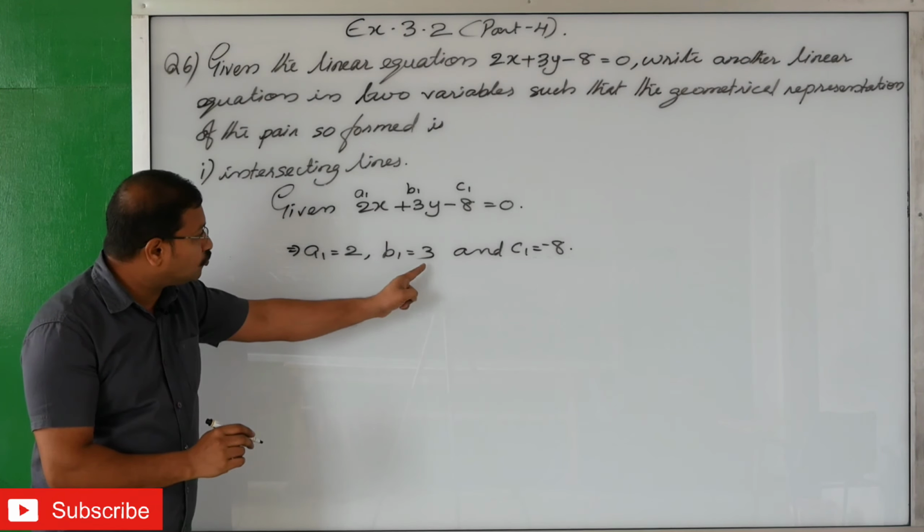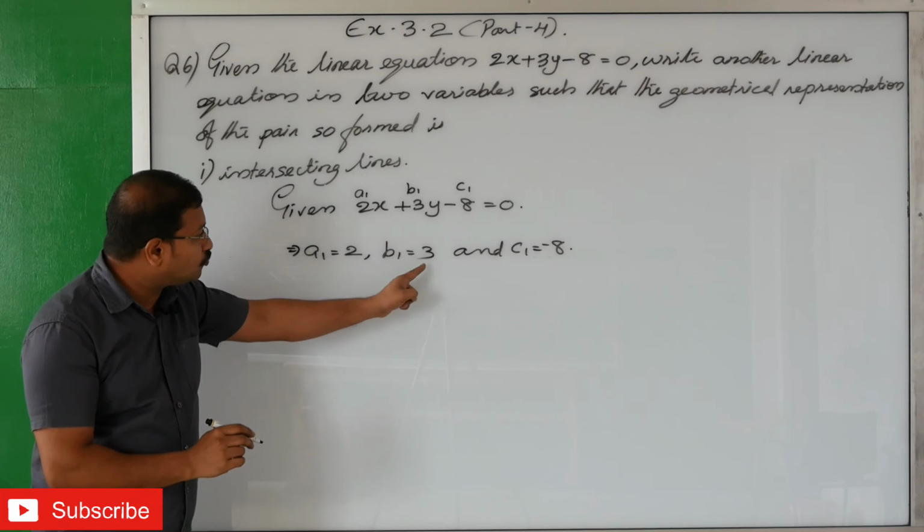Therefore, for intersecting lines, what is the condition? A1 by A2 not equal to B1 by B2. For intersecting lines, the condition is A1 by A2 not equal to B1 by B2, isn't it? This implies, what is the value of A1? We got already.